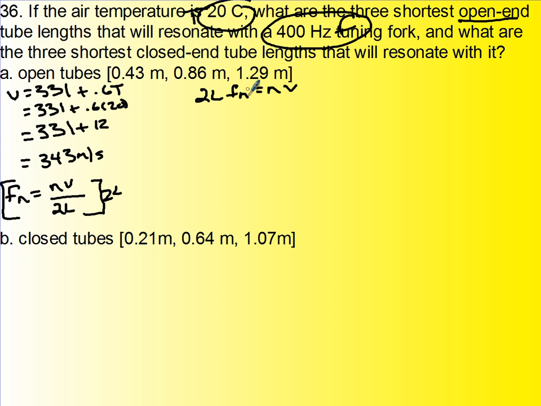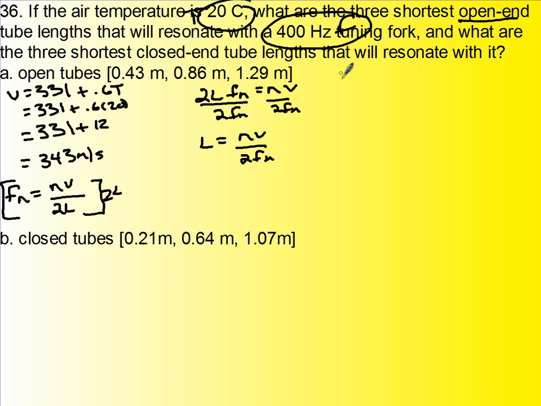I'm looking for L, right? So I have to divide through by 2 f_n. So that cancels. L is nv over 2 f_n.